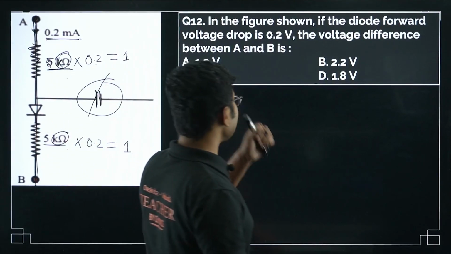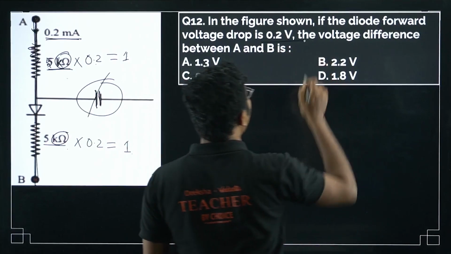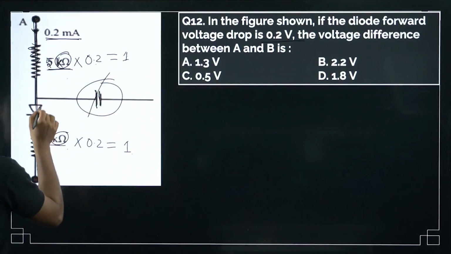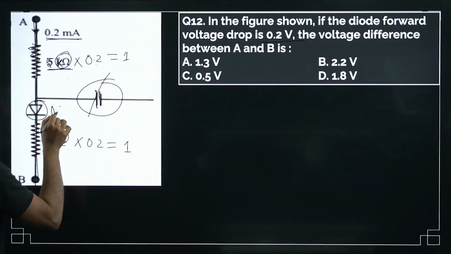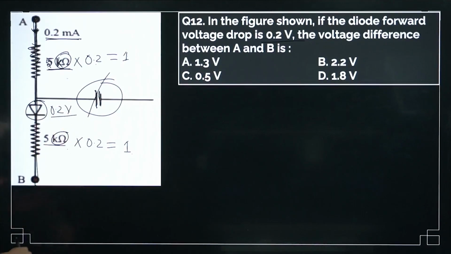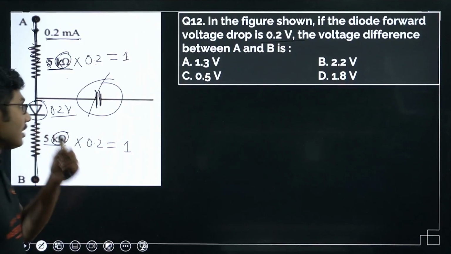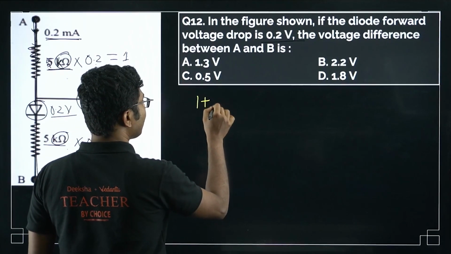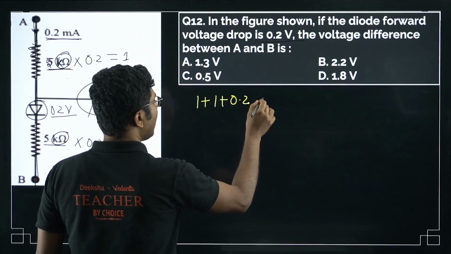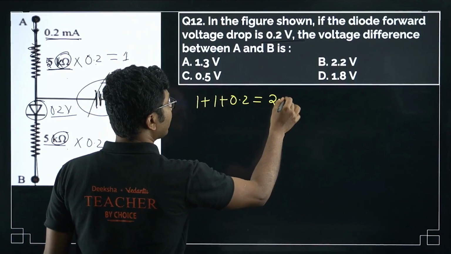But it is also mentioned that there is a drop of 0.2 volt across the diode. So 0.2 volt is across the diode as well. So what is the total voltage drop? Voltages always add. So basically 1 plus 1 plus 0.2, it will be 2.2 volt.